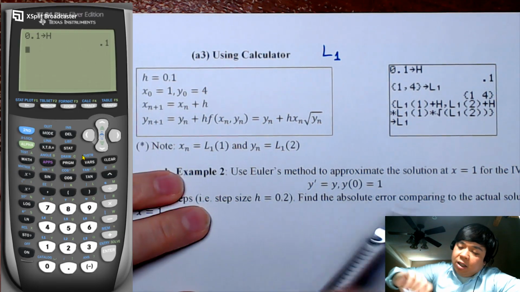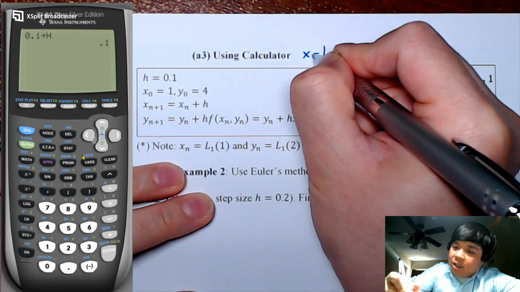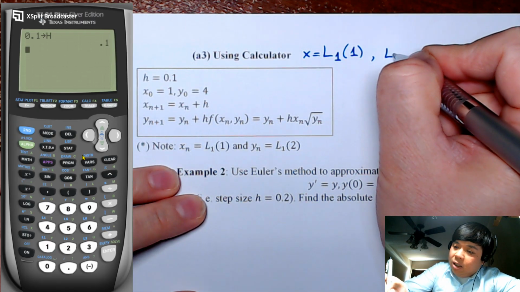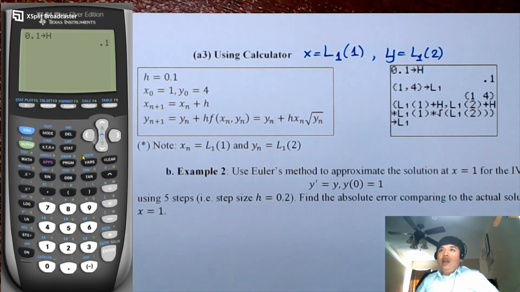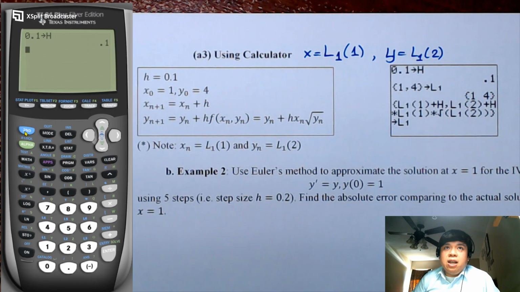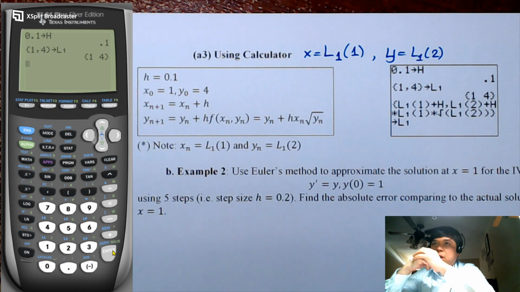So we say L1 of 1, the first component, is equal to x, and L1 of 2 is equal to y. The list will initially be curly bracket 1 comma 4 close. We have two components, the first one is x, the second one is y, and we store that into L1. So the list will have 1 and 4.